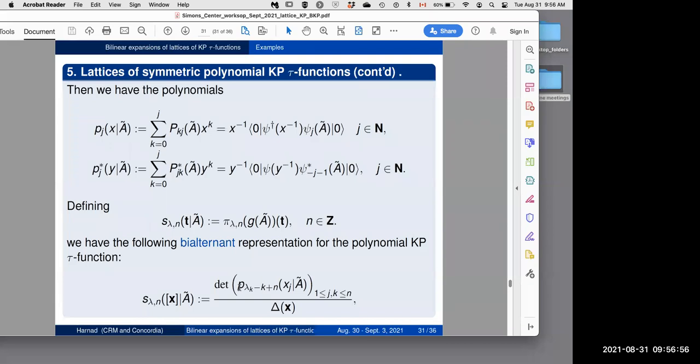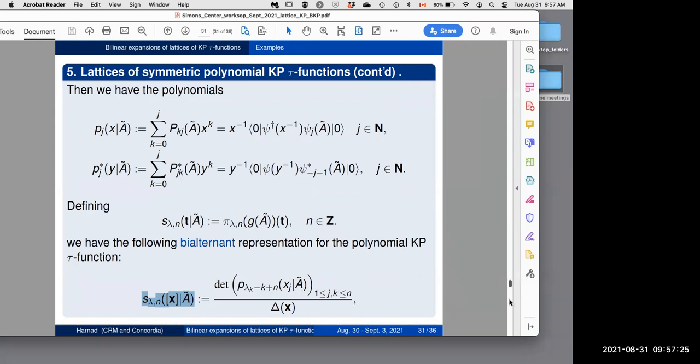And sure enough, you get the polynomial representation of this lattice of KP tau functions. And by considerations in the papers by Johann and by Victor Kac, this exhausts all polynomial tau functions. They don't have this actual representation, but they do have a proof of something equivalent to this, exhausting all.